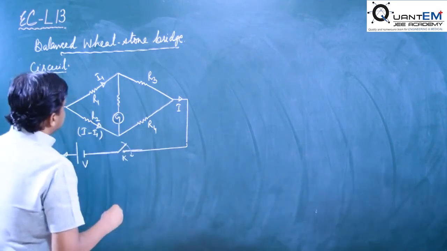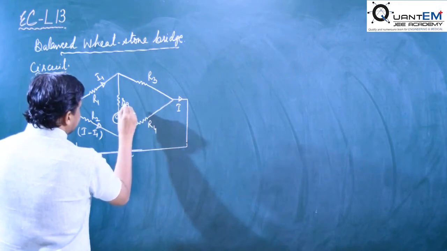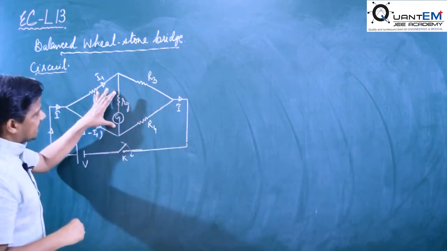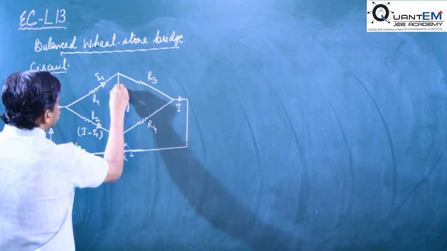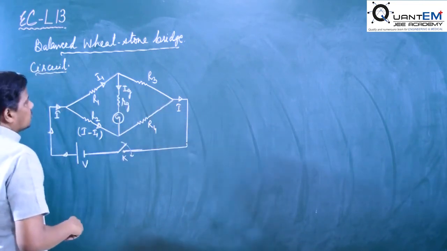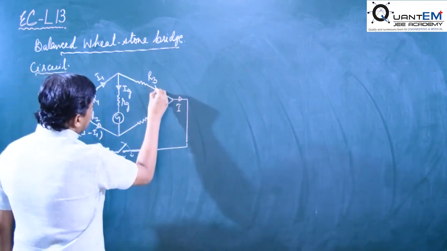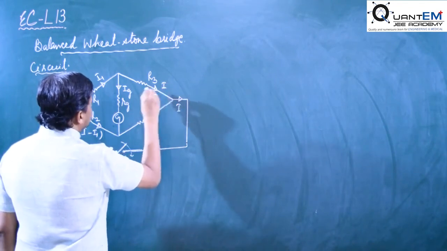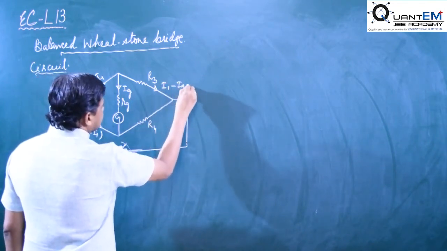Now out of I1, suppose this resistance we have Rg, that is the internal resistance of the galvanometer. Suppose across galvanometer current is Ig. So out of I1, Ig comes here, the remaining current will transfer through R3. This current now is according to the junction law, remaining current I1 minus Ig.